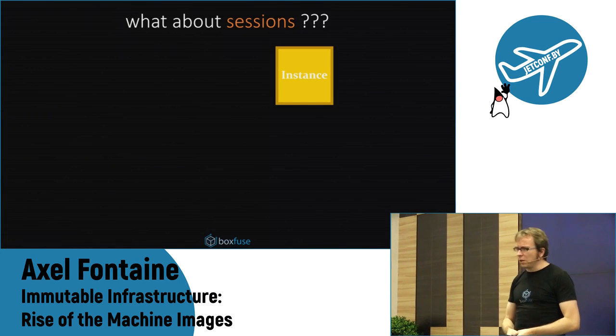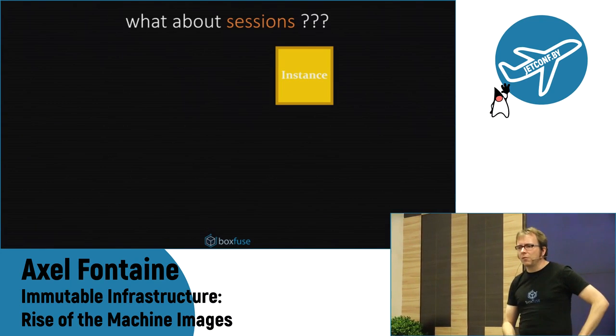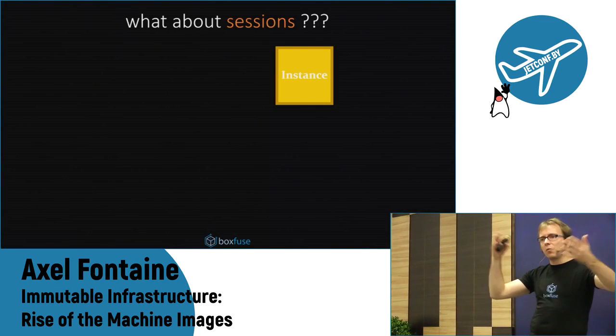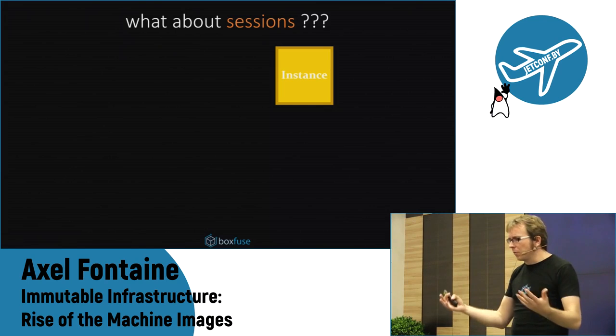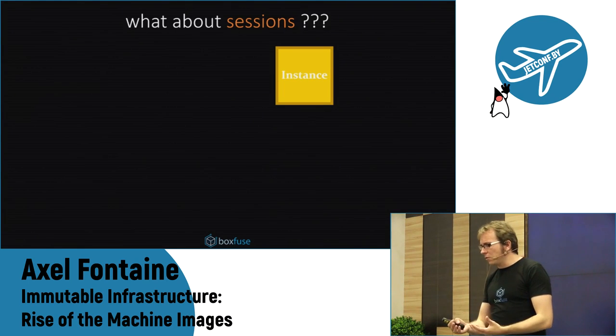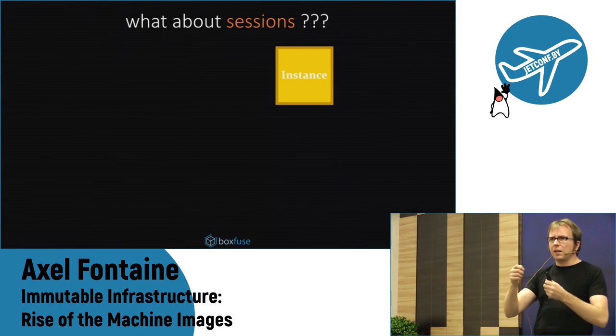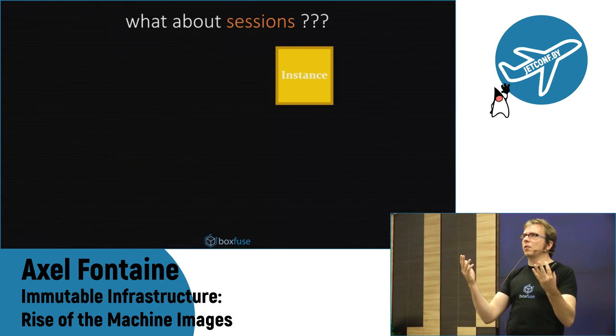But then we realized, well, just one machine maybe isn't that great for a production system. We actually want to keep the service up if one machine dies, so we need multiple machines, so we're going to start clustering them. How is that going to work with the sessions?